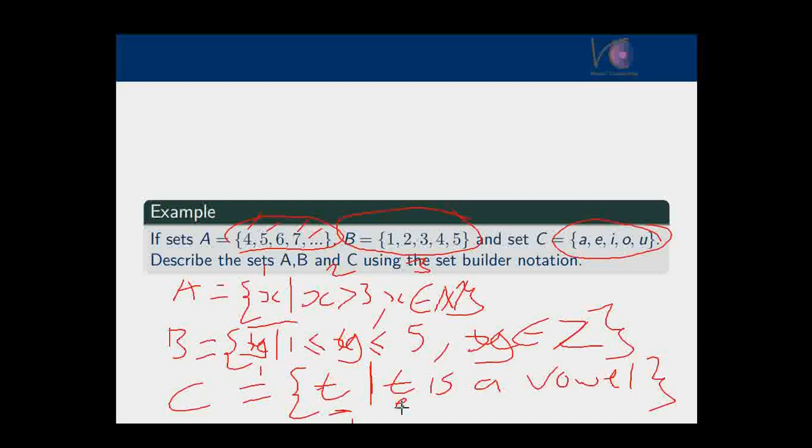Similarly, you can do the same thing with B, where you say B is the set of elements Y such that 1 is less than or equal to Y, and Y is less than or equal to 5, and Y belongs to the set of integers. Then the last one, C, you can read it as C is the set of elements T such that T is a vowel.